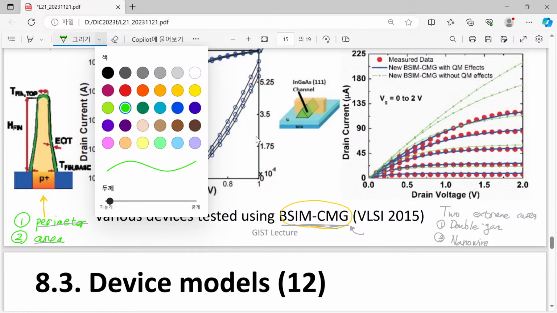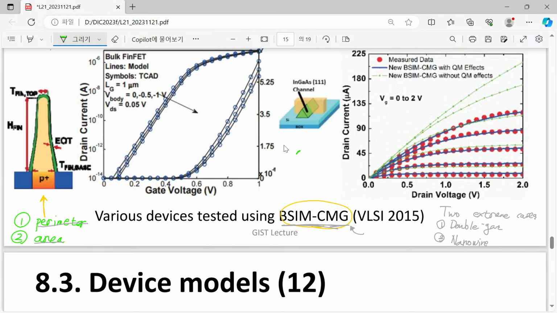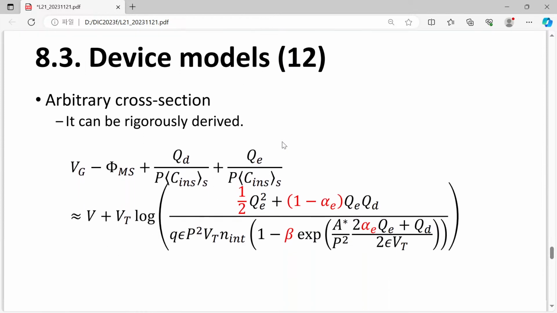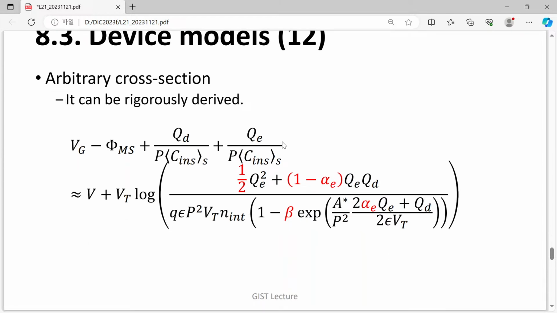Now, there was no derivation, but last year it was proved that it can be rigorously derived, and this is the expression for our inversion charge density.